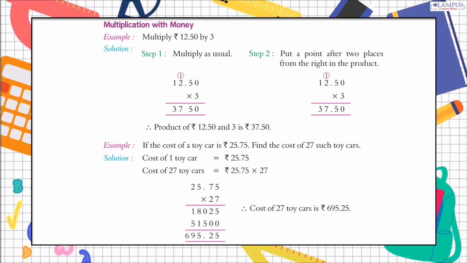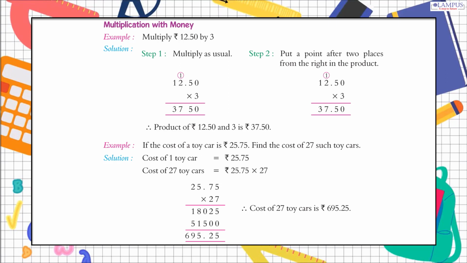Multiply by 2 tens. 2575 times 2 tens equals 5150 tens equals 5150 times 10 ones equals 51,500. Add 18,025 and 51,500. 18,025 plus 51,500 equals 69,525.